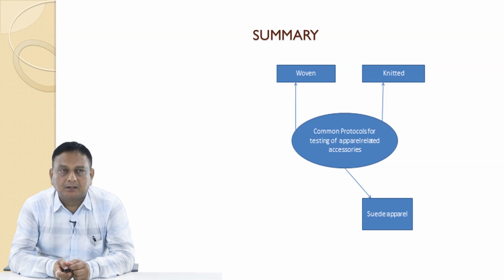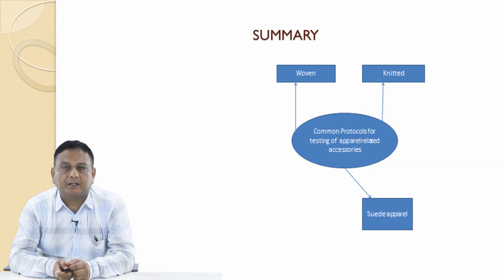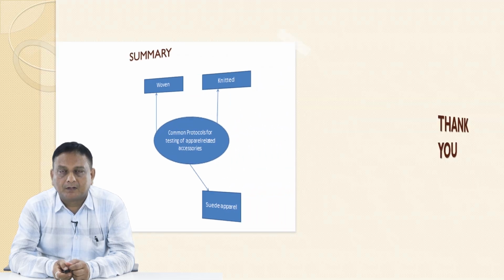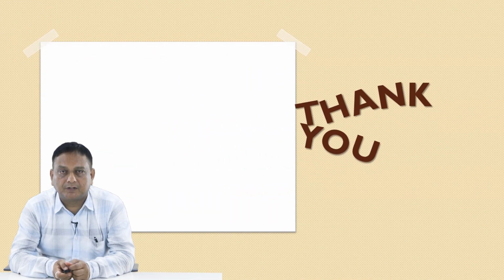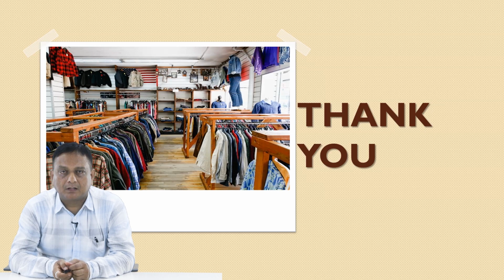We have seen different testing protocols in this lesson, because woven is treated differently, knitted is treated differently, and suede apparel is of course treated differently in its testing methodology. So thank you very much, and we will come with a new lesson.